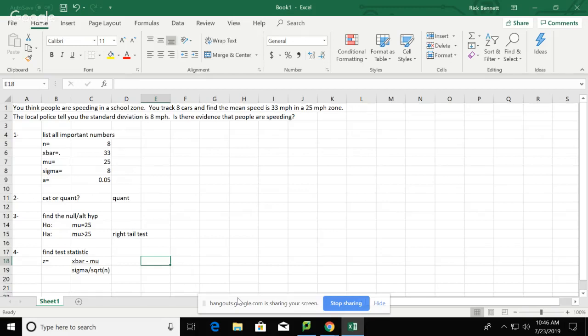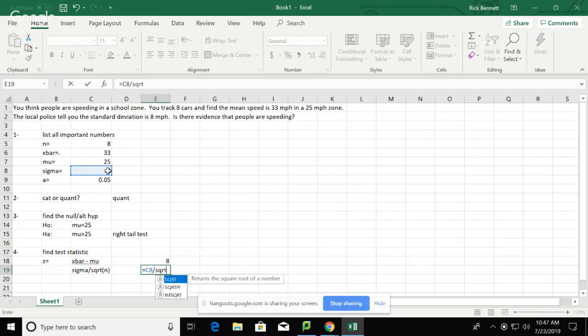Now, because I have labeled everything nicely in step number 1, I can just go in there and start using numbers. What's X bar? 33. 33 minus 25, which is mu. My numerator is going to be 8. Oh wow, that was interesting, I didn't expect that. What's sigma? 8 divided by the square root of 8.